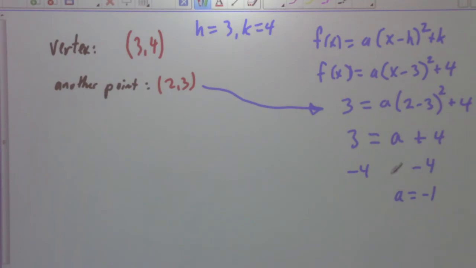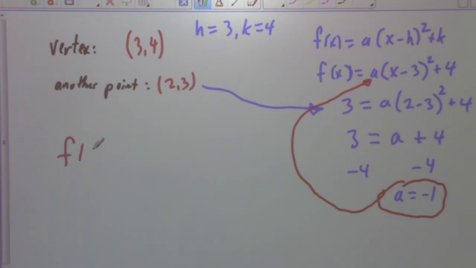Now, and I'm changing the color here, we take this a that we've solved for and plug it back in here. That ends up becoming our answer. Writing it on the left, f of x equals negative 1, leaving just a negative sign in place of negative 1, times x minus 3 squared plus 4.